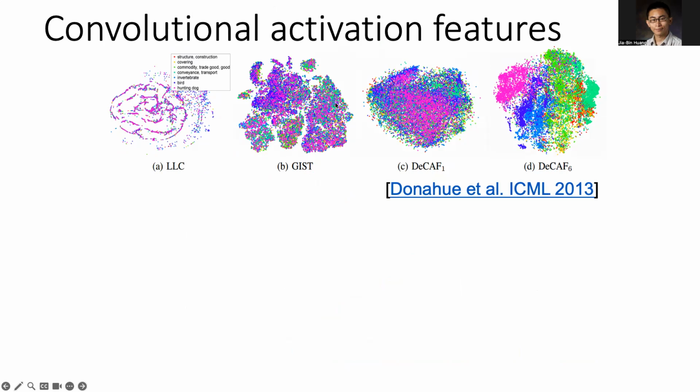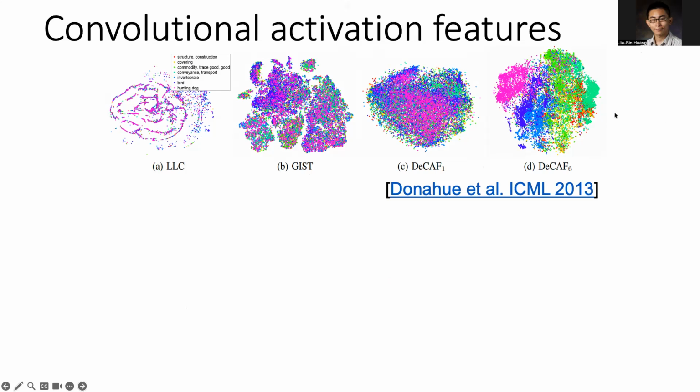Maybe it's wildlife, maybe it's buildings, and so on. You can see that the human-designed features are all clustered together. They don't have clean separations, which means it's very, very hard to recognize images, to classify, oh, this image belongs to the dog, this image belongs to a different class. But the convolutional neural network features, the learned features, are doing a much better job here.